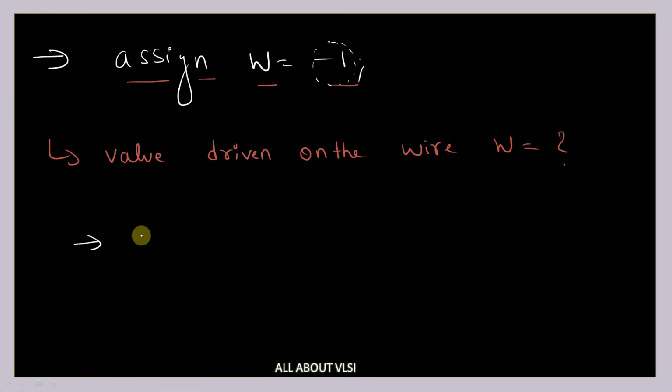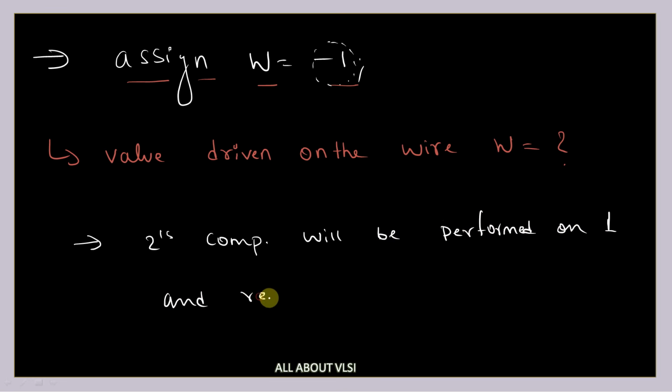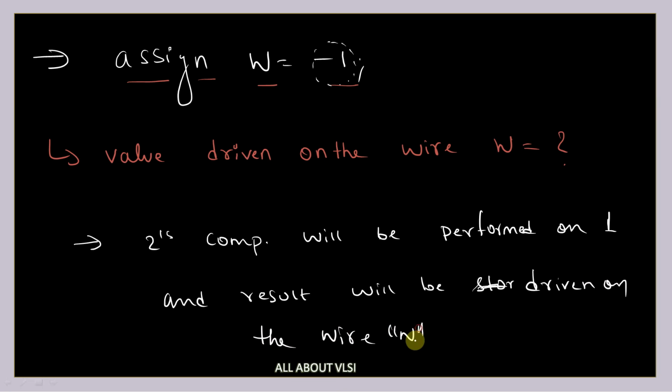So 2's complement will be performed on 1 on the right hand side, and the result will be driven on the wire W. Is it clear?